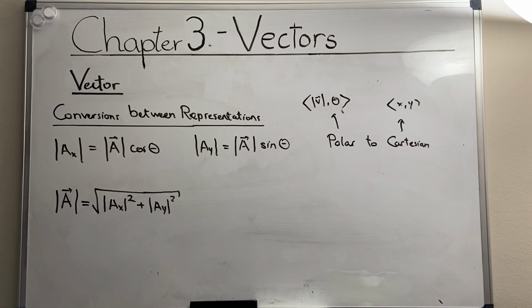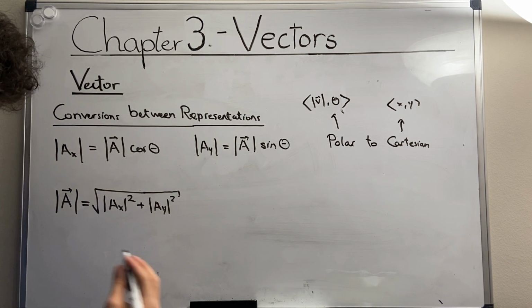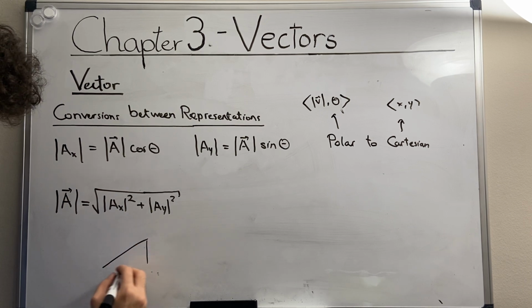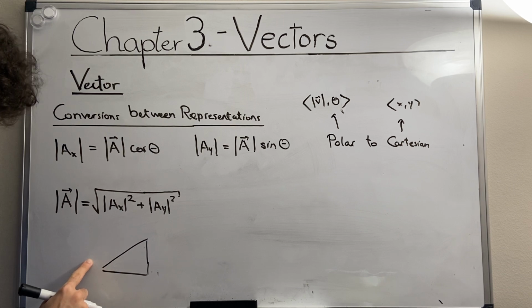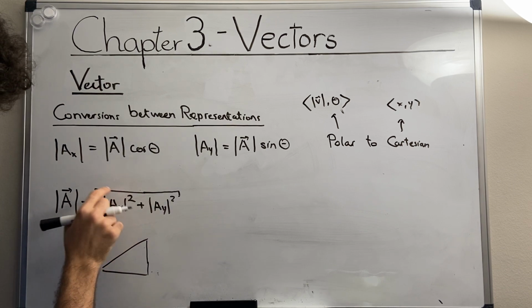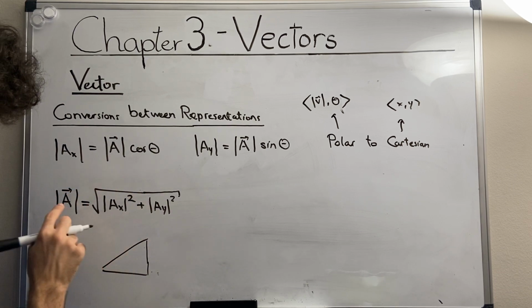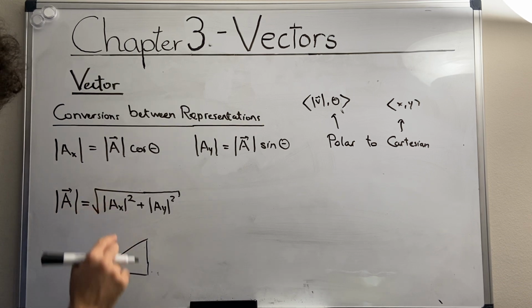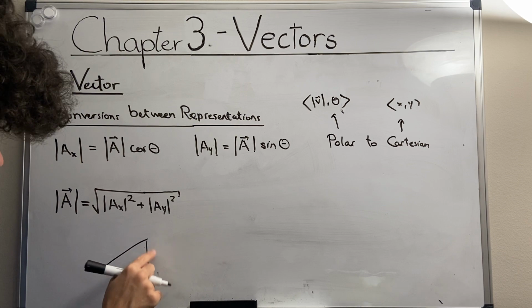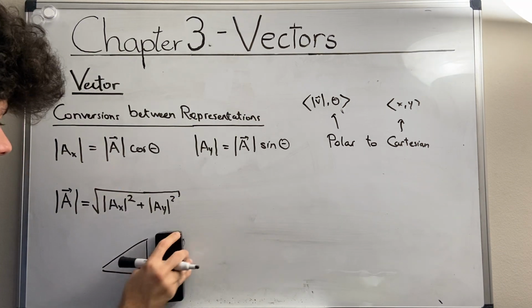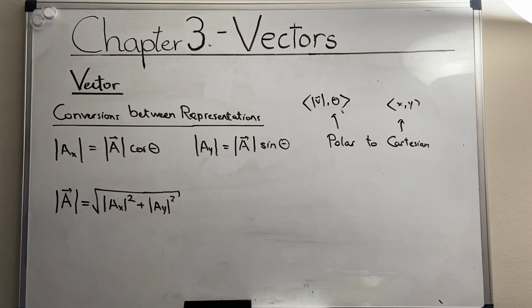So, in case you're wondering what this is, well, it's basically Pythagorean's theorem. Like I said before, magnitude is this. And if we squared both sides, we would have this squared equal to the x component squared plus the y component squared, which is Pythagorean's theorem. It doesn't need to be explained any more than that.